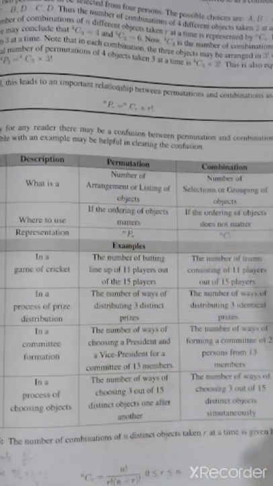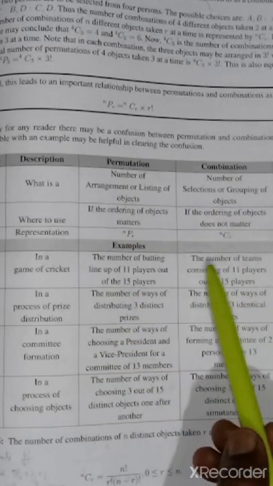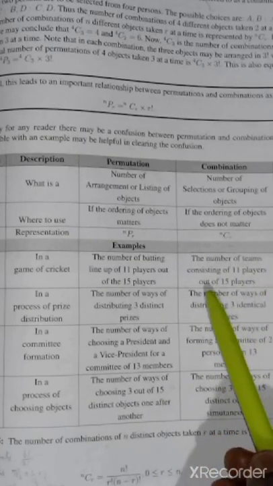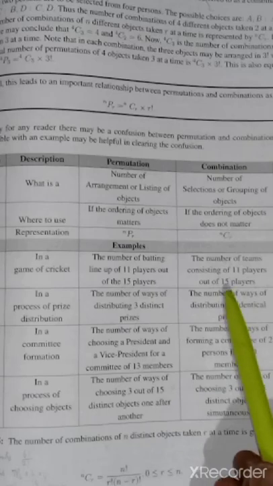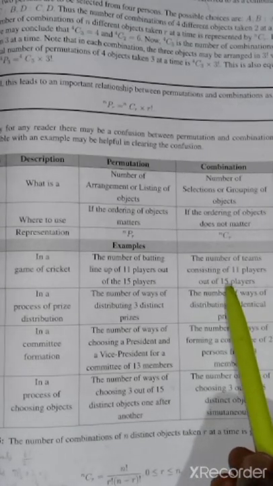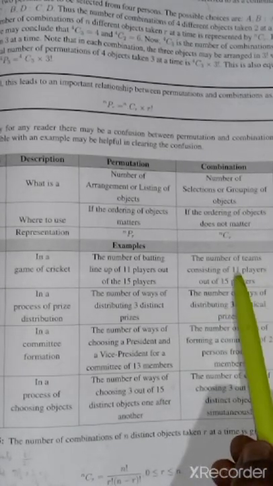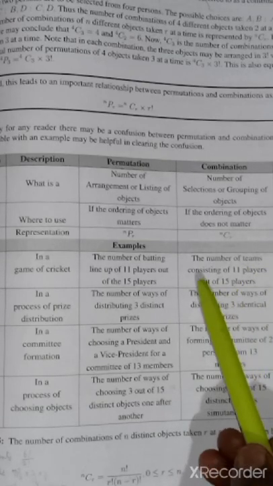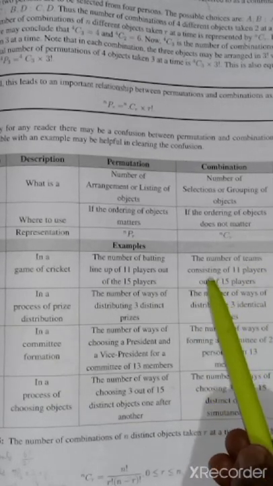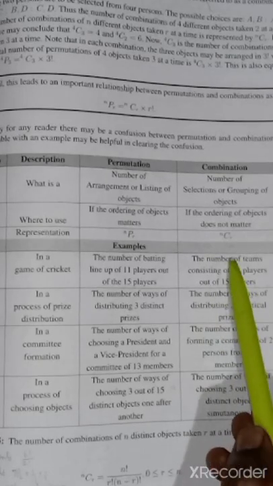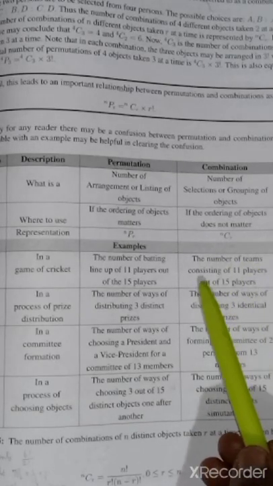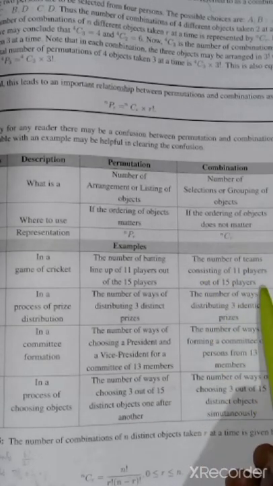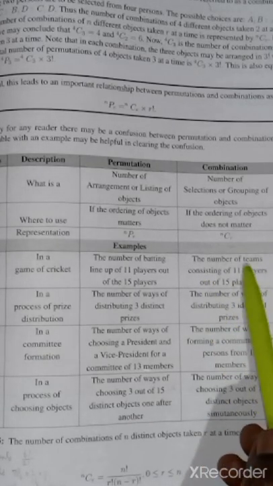Now, what is combination? The number of teams consisting of 11 players out of 15 players. Out of 15 players, we can choose the first 11 to make a team, correct? Now leave the first person and choose the next 11, and we can form another team. Again, leave the first two persons and choose 11 out of 15 to form a team.